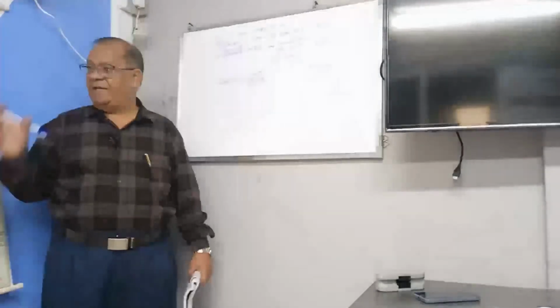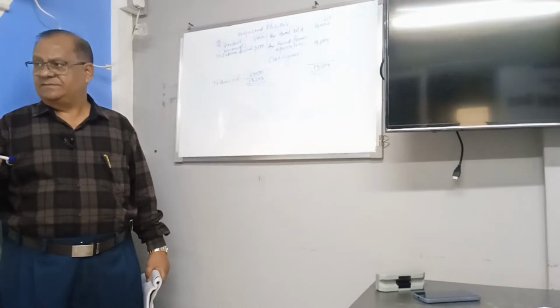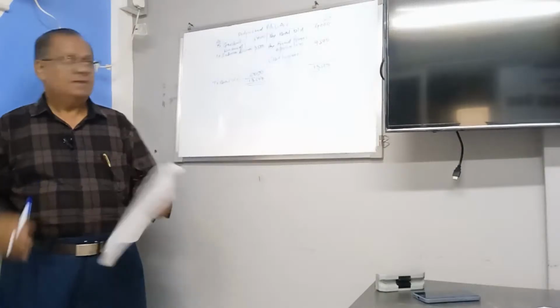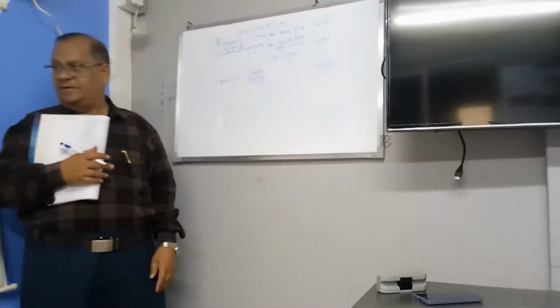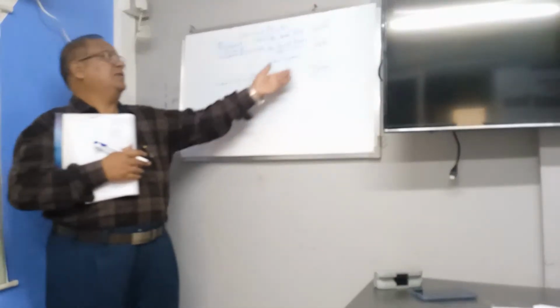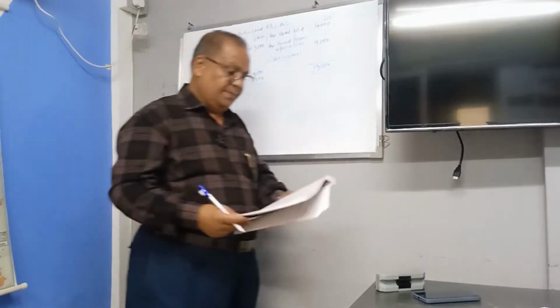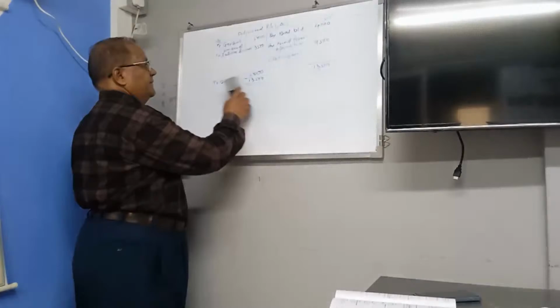Now we have to prepare the statement of sources and applications. That is called fund flow statement. You have to prepare. You got it? You have got funds from operation 9,500. By making operation, you got the funds there, 9,500. Correct? Now we have to prepare the fund flow statement.